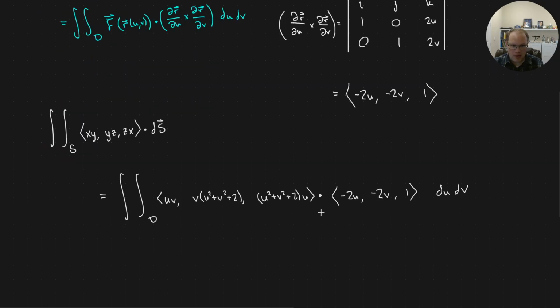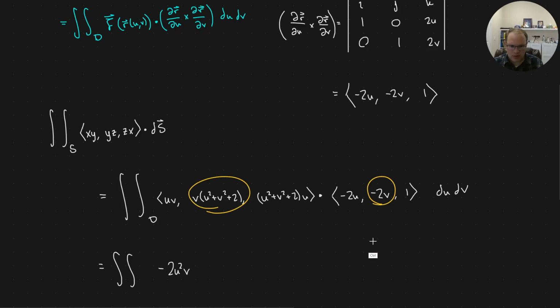And then my cross product of partial derivatives, I already calculated that. That's negative 2u, negative 2v, 1. I'm going to want their dot product, and then I'm going to want to integrate over the region. So first component times first component, negative 2u squared v.